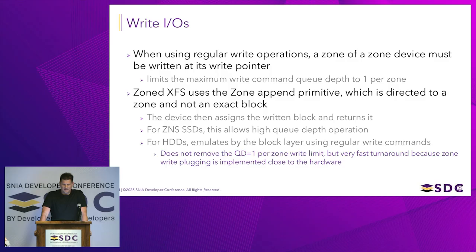And the interesting thing here is that because you have to write exactly at the write pointer, if you're using the classic write command in all the storage standards, what that means is you can only have one of them outstanding to a zone, because otherwise the protocol can reorder them, which really reduces the queue depth you can drive because, well, it's only one command outstanding. And that's fine if you do big IOs.